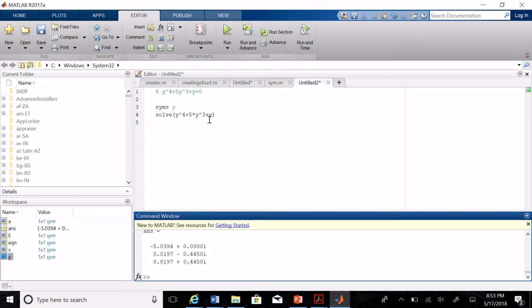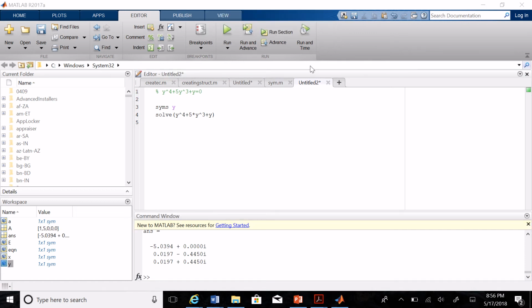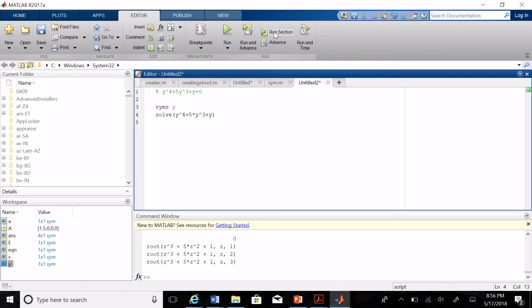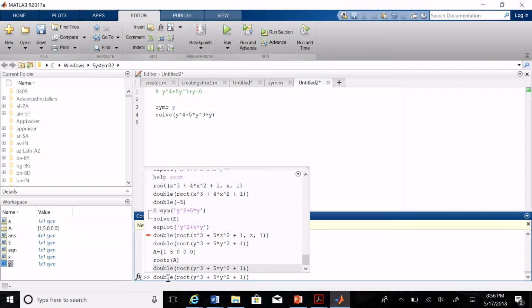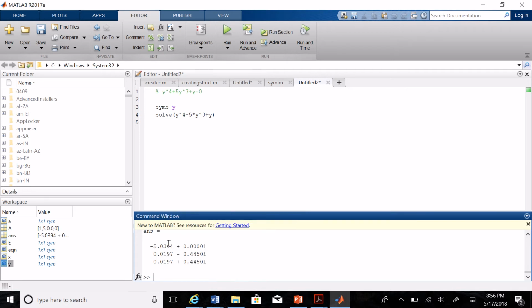Now you can either do that or you can use roots. For this equation, because it's power of 4, you have 4 answers: 0, root of that, root of that, root of that. If I want to solve it, I get 3 different answers.